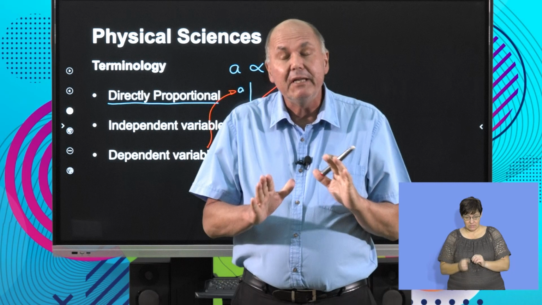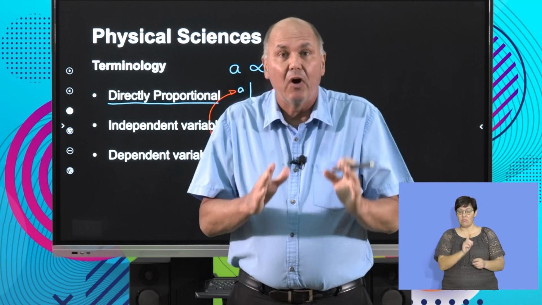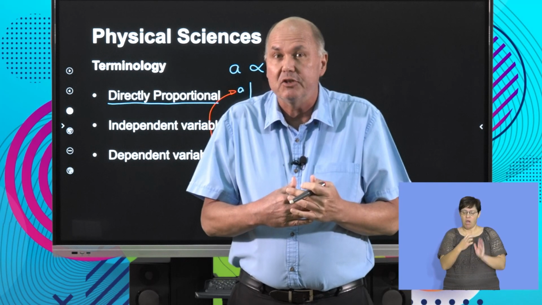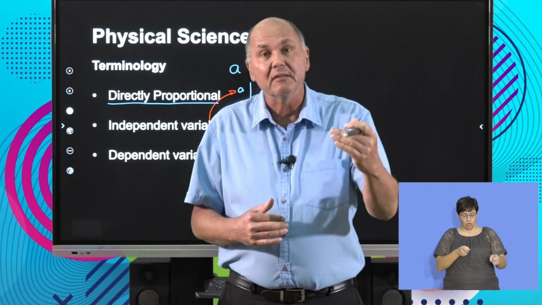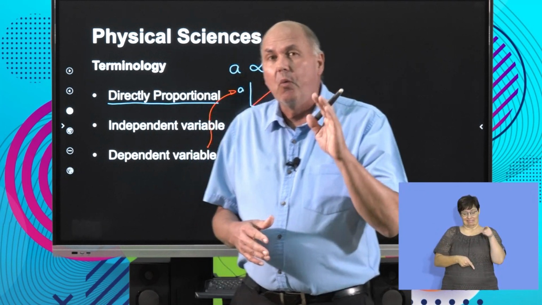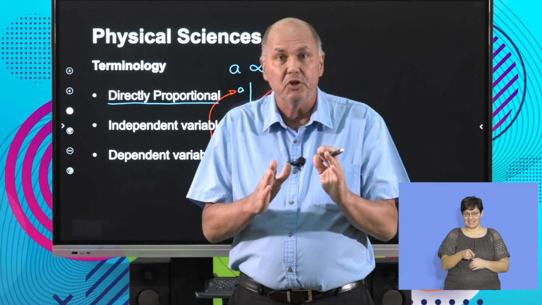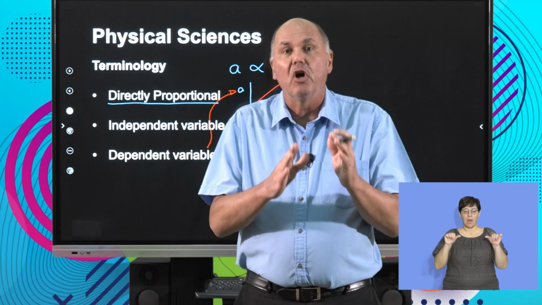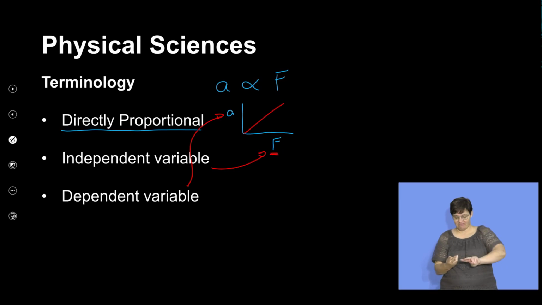So please bear in mind these factors as we're looking at graphs and thinking about relationships. Which one are we controlling? Which one is a result of the experiment that we've set up? Now, what's so nice about the directly proportional relationship is it's very easy to go from the graph to an equation. And we're going to show you exactly how that works.